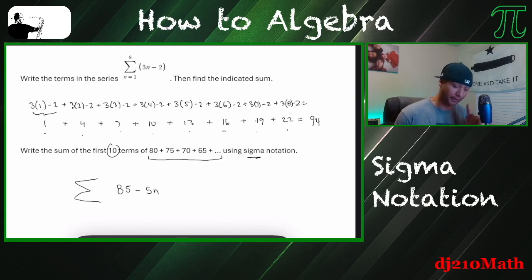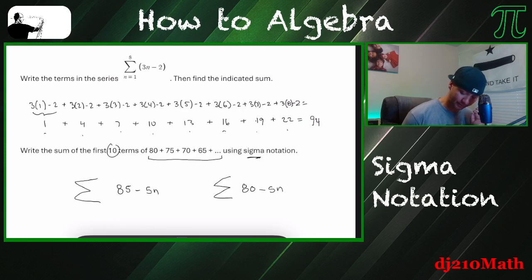So there are multiple ways of doing this. Just know that. I'll show you 2 different ways. I'm going to go back to the original equation that I had. At n equals 1, we're going to get 85 minus 5, which is 80.